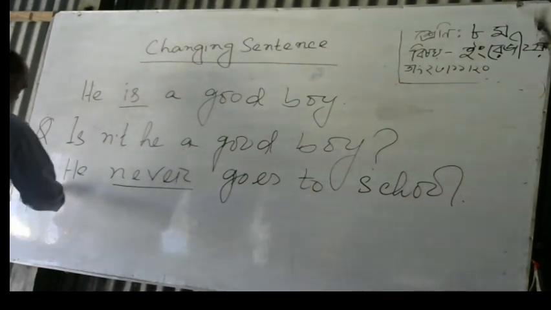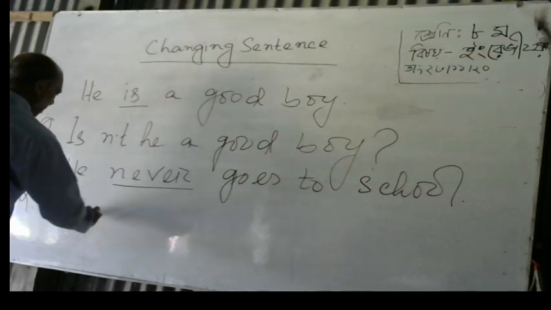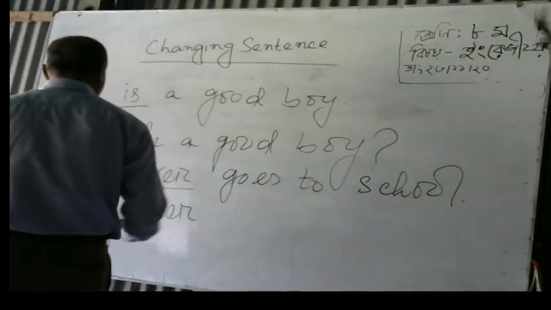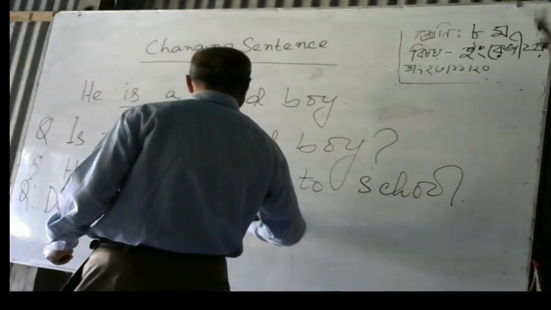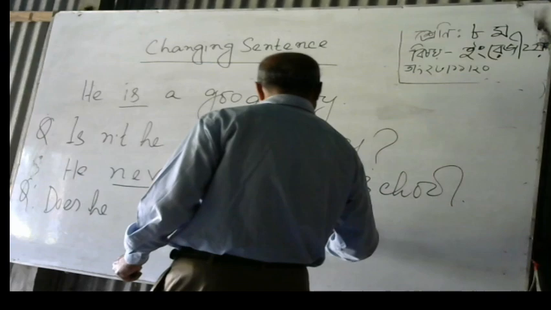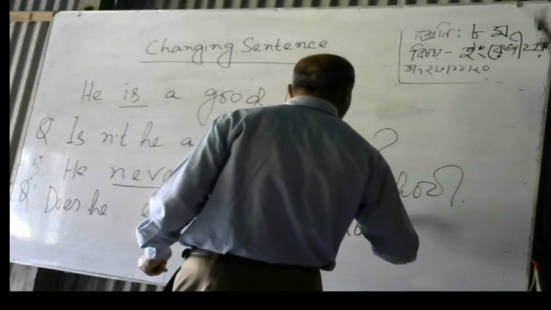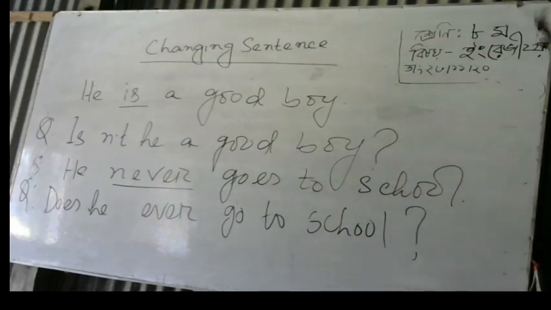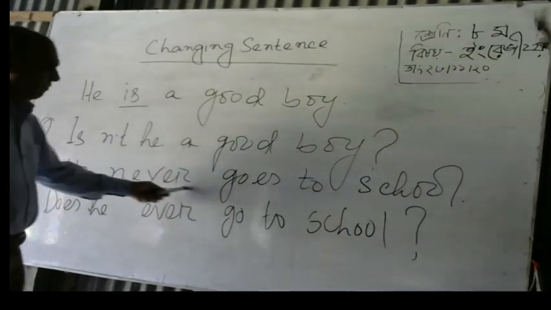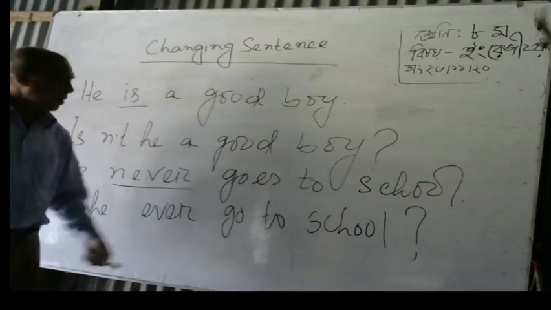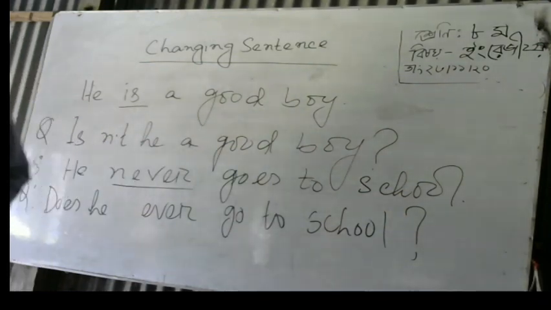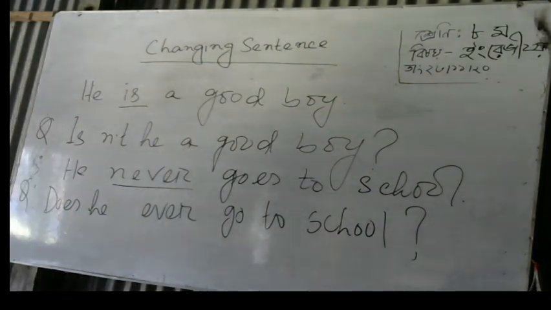Just write down, does he ever go to school? Does he ever go to school? Your question will be like this. So, if the statement is negative, the question will be positive. If the statement is positive, the question will be negative. So, we can make questions like this.